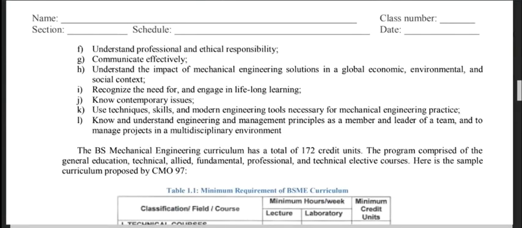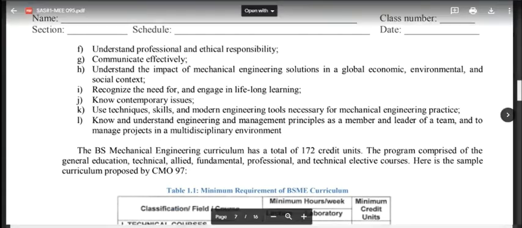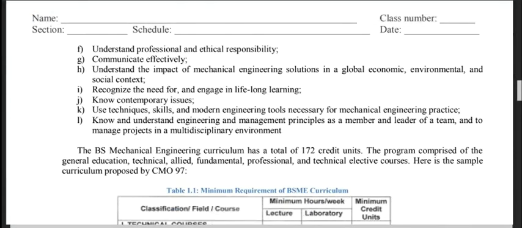Number seven, communicate effectively. Number eight, understand the impact of mechanical engineering solutions in a global, economic, environmental, and social context. Number nine, recognize the need for and engage in lifelong learning. Number 10, know contemporary issues.